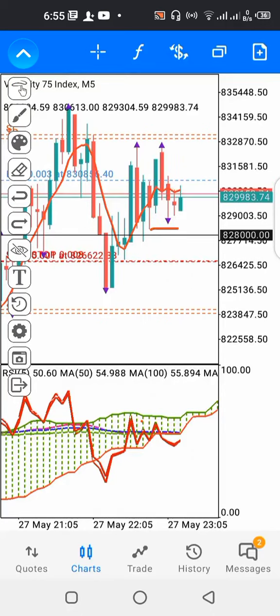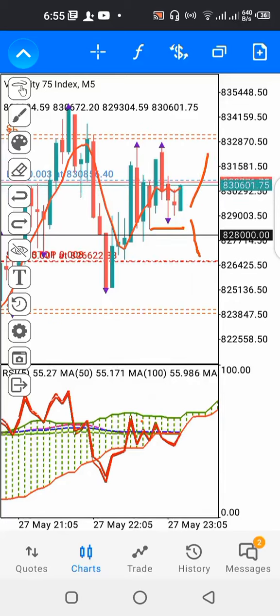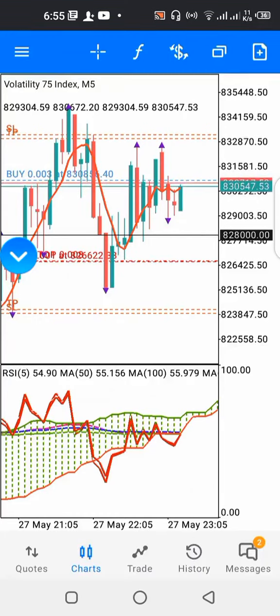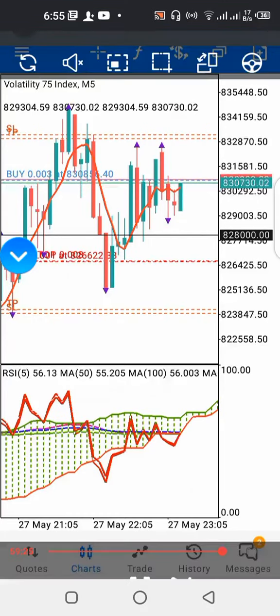As soon as I see a break below this low, then I might start to expect price to drop further. But for now, price is building up. Let's see how it all ends. I'm going to fast forward the video. Let's see how it all ends.